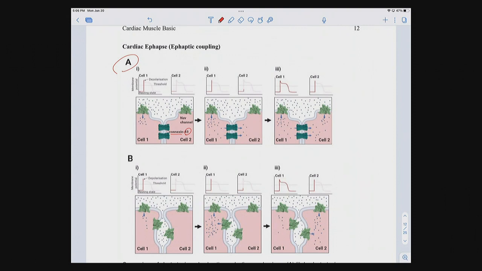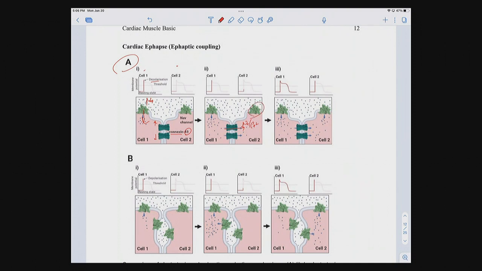So again, this is cell 1, cell 2, so you have a depolarization, and then you have sodium coming in, and that in turn is going to cause the gap junctions to open, and when it opens, now you're going to have your sodium and your calcium flowing in that brings the next one to threshold.